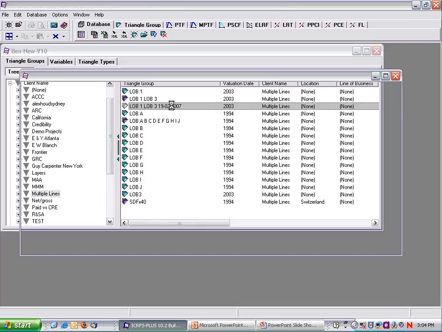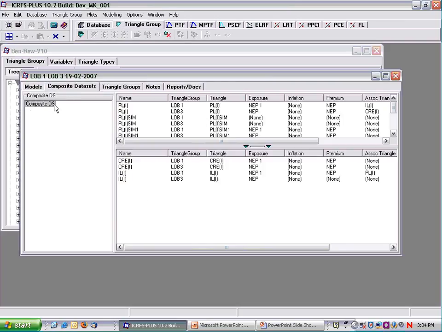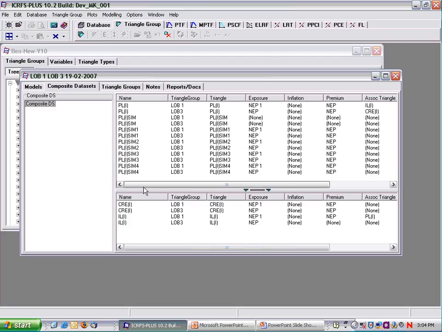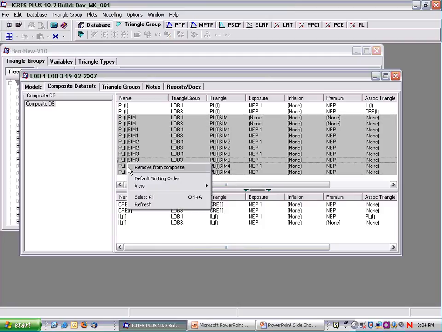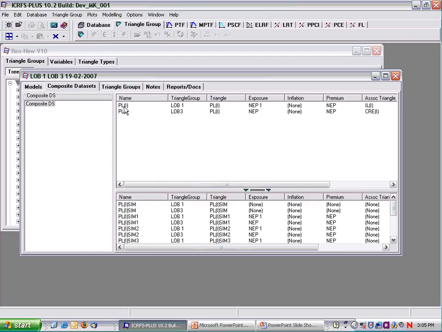Let's open it. If you look at the composite data set, there's one by default, but it includes all the incremental paid loss triangles in both triangle groups. So let's remove these from the composite data set. Now we have a composite data set that contains the paid loss triangle from each triangle group.